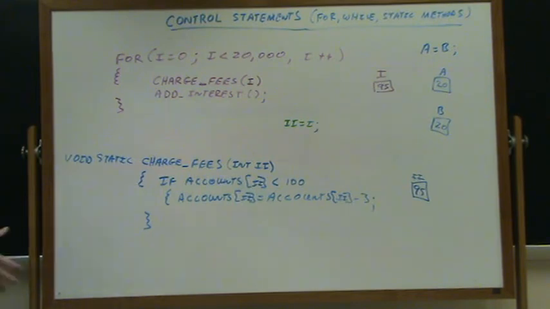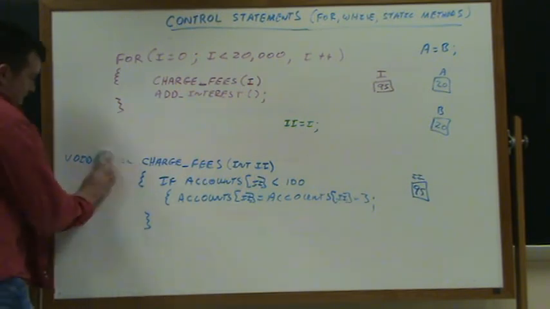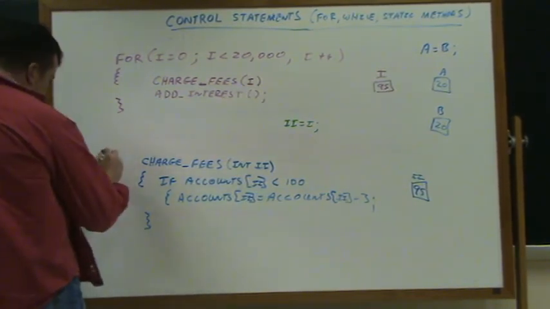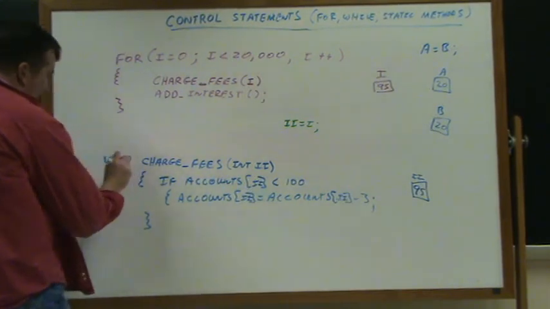In order to have this method, we'd have to make an outer class called like bank functions or something like that, and then this would be a static method of bank functions. But like I say, that'll make more sense when we talk about classes. For now, even though this isn't proper Java, it just gets the point across.